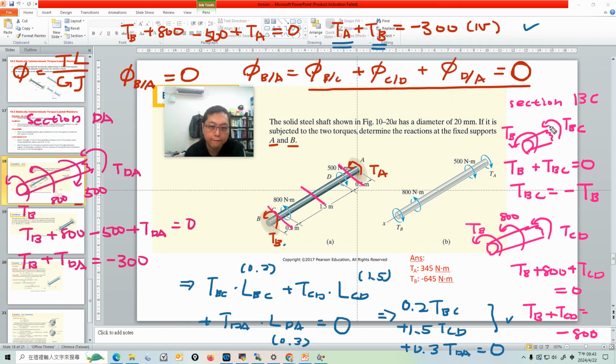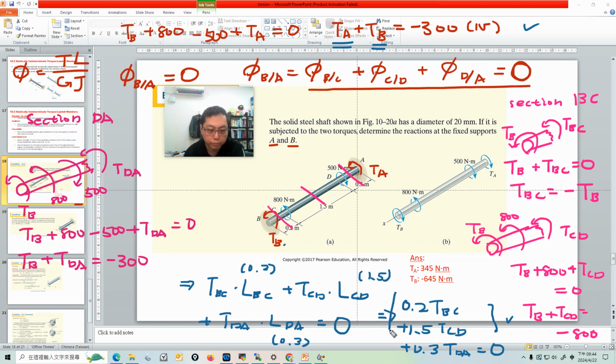And then we have the torsional balance in each section. How do we combine this information? First of all, we already know TBC is equal to minus TB.